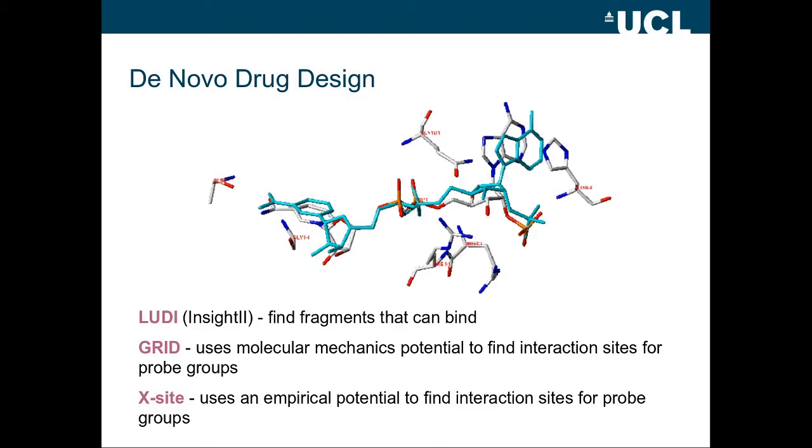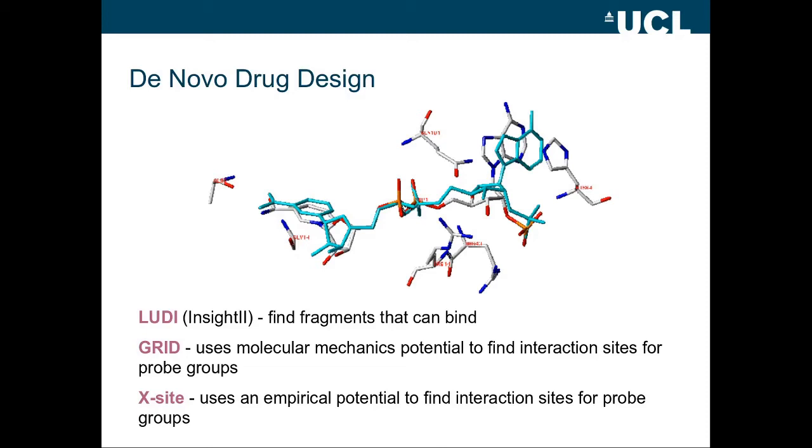Again, there are a number of programs that can be used for doing this, and they rely on starting by putting small fragments, and a fragment might just be as small as a hydroxyl oxygen, or it might be a phenyl ring, or any other small kind of fragment that you can think of, and seeing where those might fit into a pocket.